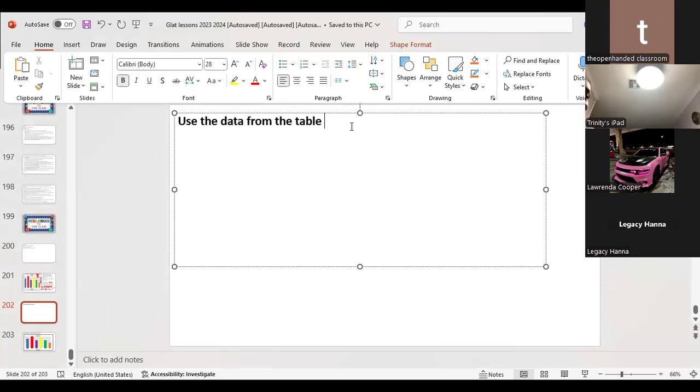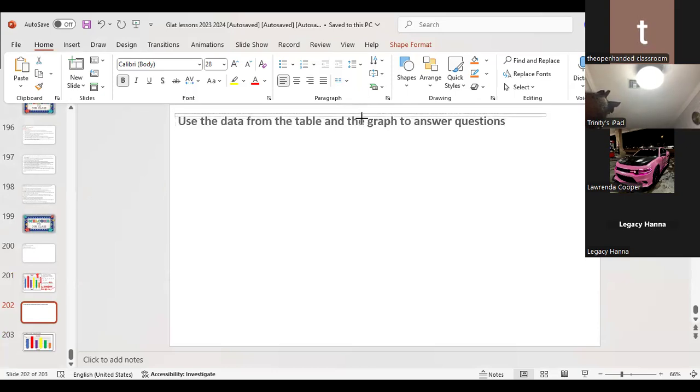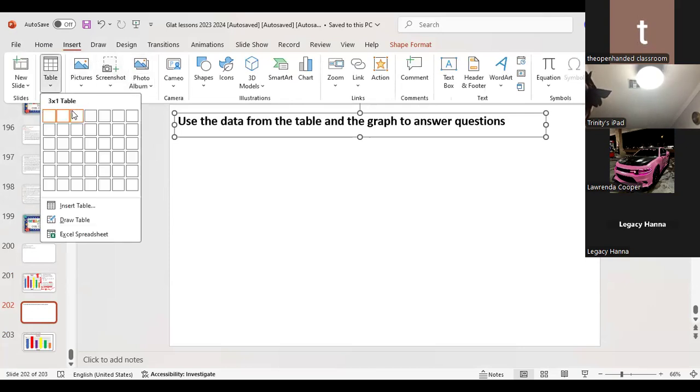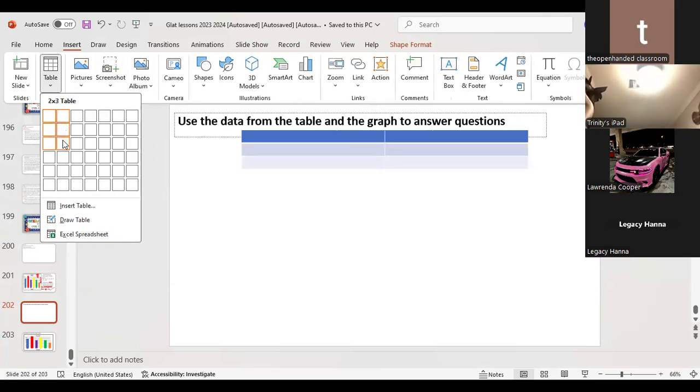Use the table and the graph to answer questions. All right, so we're going to use the table and the graph to answer these questions. Okay, 1, 2, 3, 4, two columns. 1, 2, 3, 4.